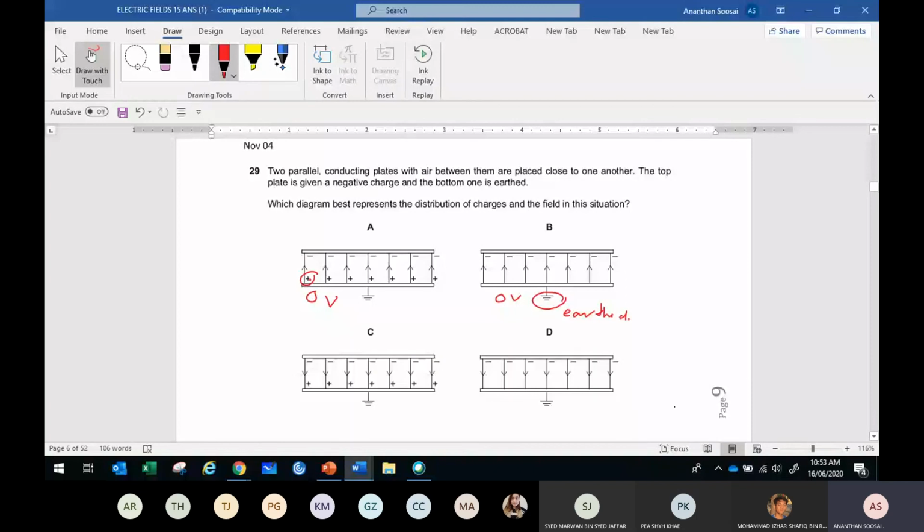So you need to put a positive sign, although it's 0 volt. So the answer should be A. Okay, good.